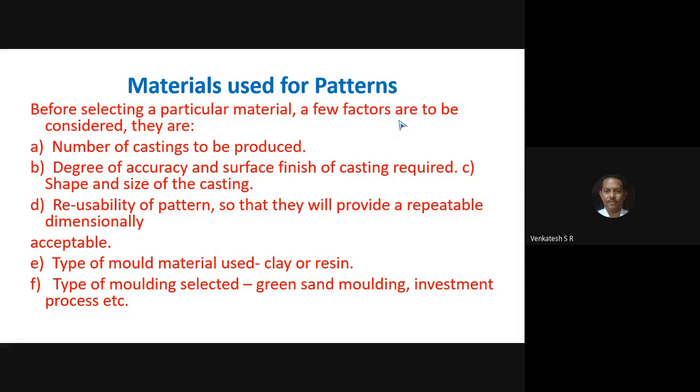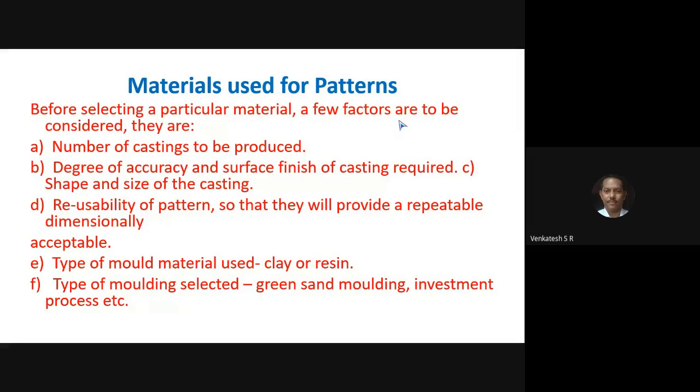Next, come to the point. This is also very, very important for consideration of material for the pattern: degree of accuracy and surface finish required. If you want to machine the casting, the minimum requirement of machining is hand grinding machine, chiseling operation, and cleaning operation.